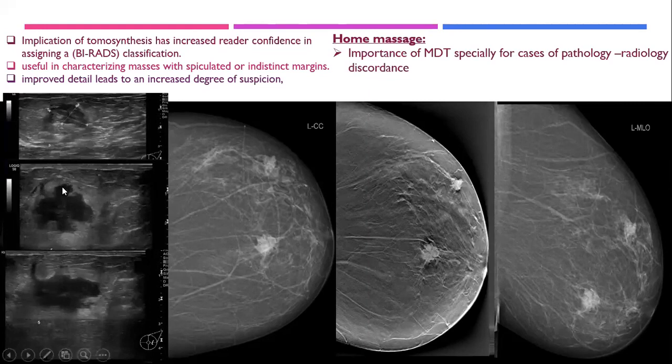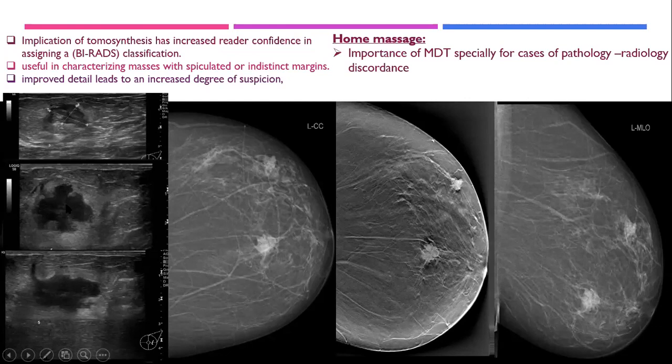Look at the largest lesion, typical malignant, and this is also a suspicious lesion. The smaller one is also most likely the same. But unfortunately, the pathology of the smallest one was invasive cancer, while the biggest one was sclerosing adenosis.